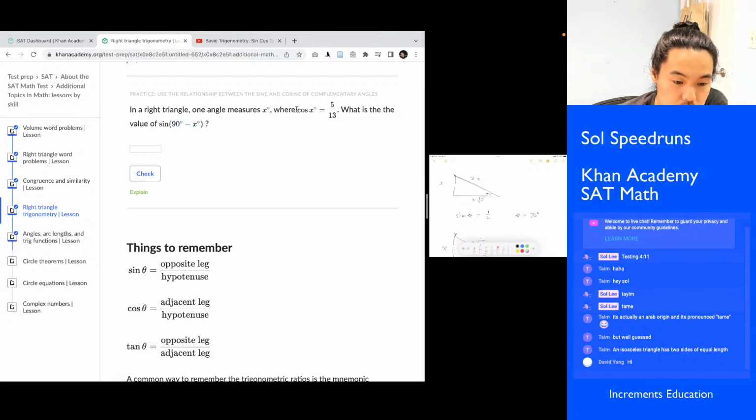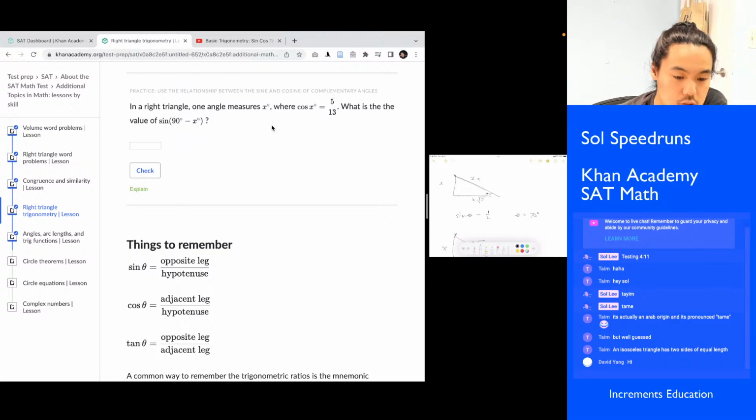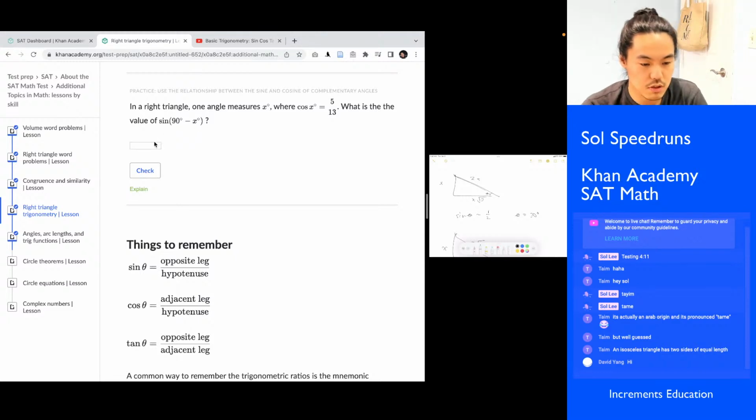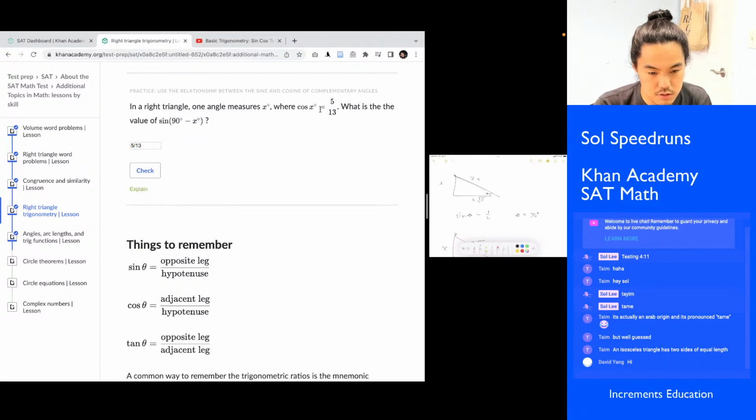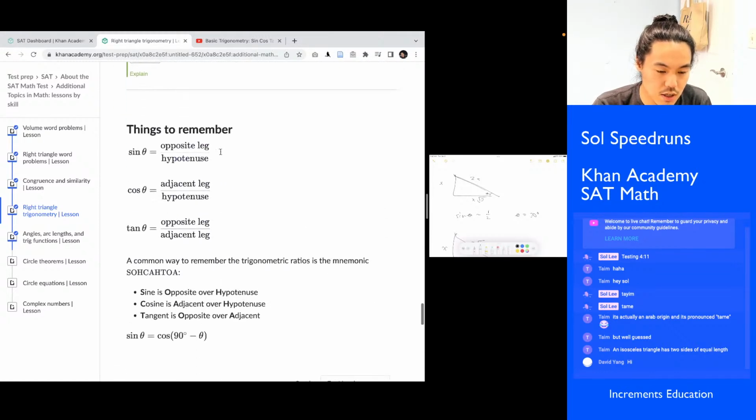It's going to be the same thing, because 90 minus x is the same thing. Okay. Oh, never mind. That was not right.